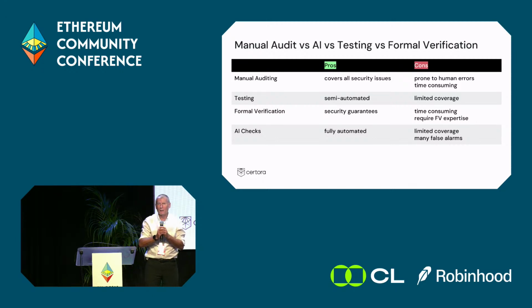You can automate them, but you miss some of the bugs, and it's very hard. It also can be expensive. Formal verification has been used in other industries, for example, safety-critical systems. It provides a guarantee, but it's really, really expensive in terms of human effort and computational effort. And AI checks, of course, existed before, but now with AI, they're getting more and more popular.